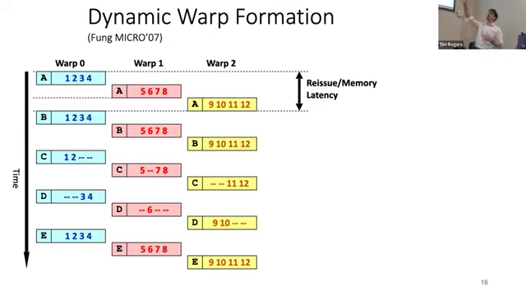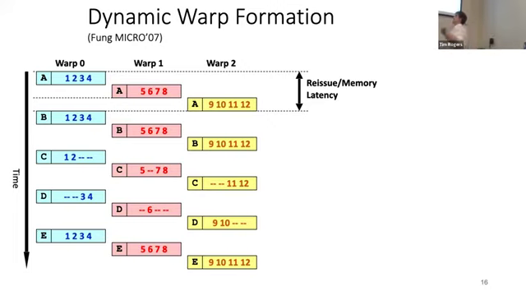So here we're issuing instruction A from warp 0, instruction A from warp 1, instruction A from warp 2, and inside each of these little boxes I have the number that indicates the thread number associated with this particular warp. The first warp has the first 4 threads, the next warp has the next 4, and so on.